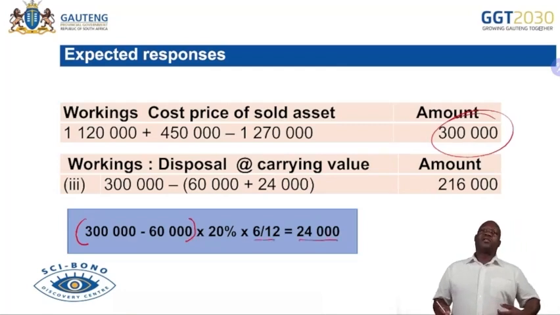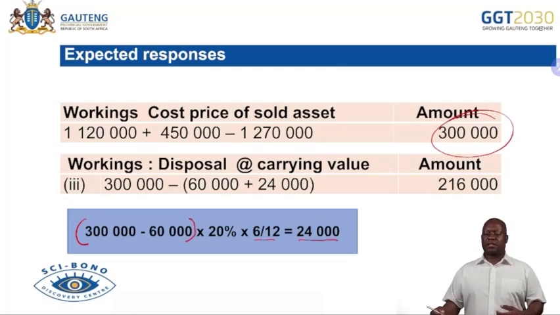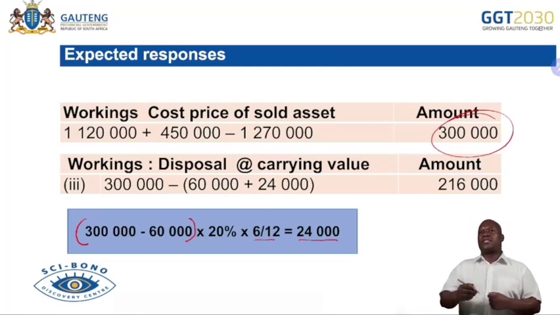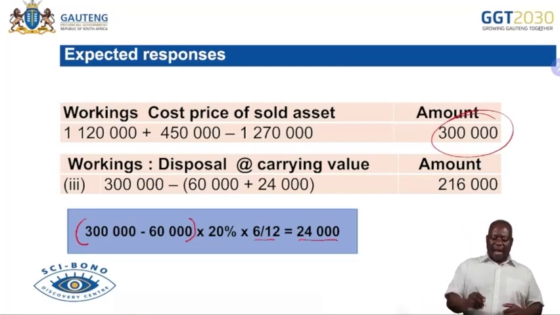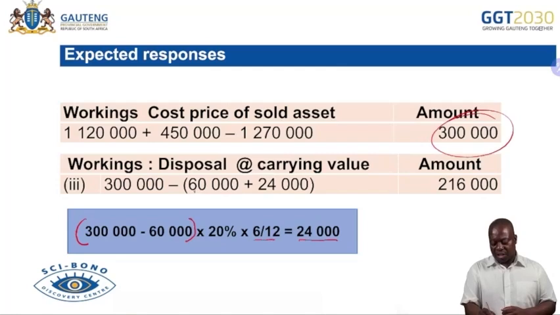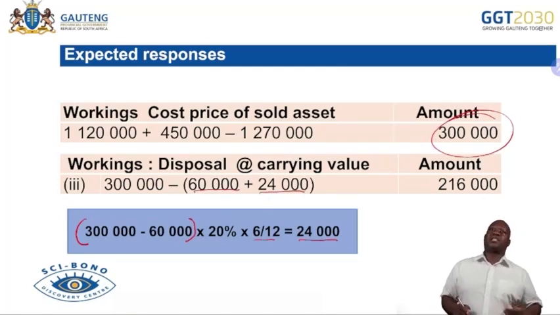That's how we got 24,000. So it means it was disposed in the second year after half a year has elapsed. So we now add the 60,000 depreciation during the first year plus 24,000 depreciation during the second year. When these are added together, that's our accumulated depreciation.